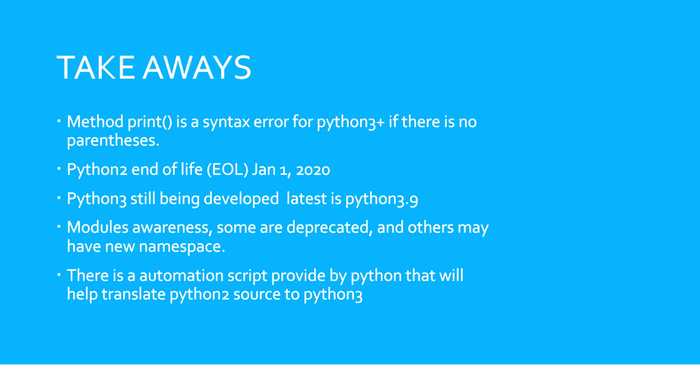What it does is a translation to show what things need to change from Python 2 to Python 3. Like I say, I'll show you guys that in a second.